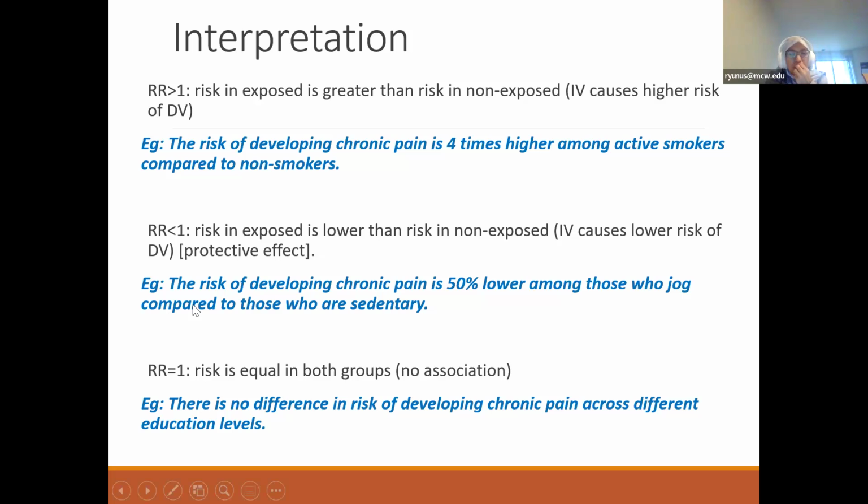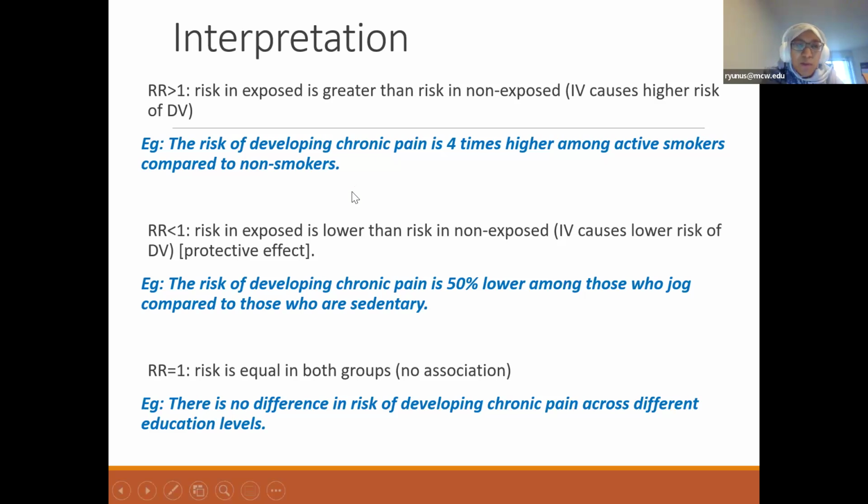If your relative risk is more than 1, that means the risk in exposed is greater than the risk in non-exposed. Or in other words, you can say that the independent variable causes higher risk of dependent variable. For example, the risk of developing chronic pain is 4 times higher among active smokers compared to non-smokers.